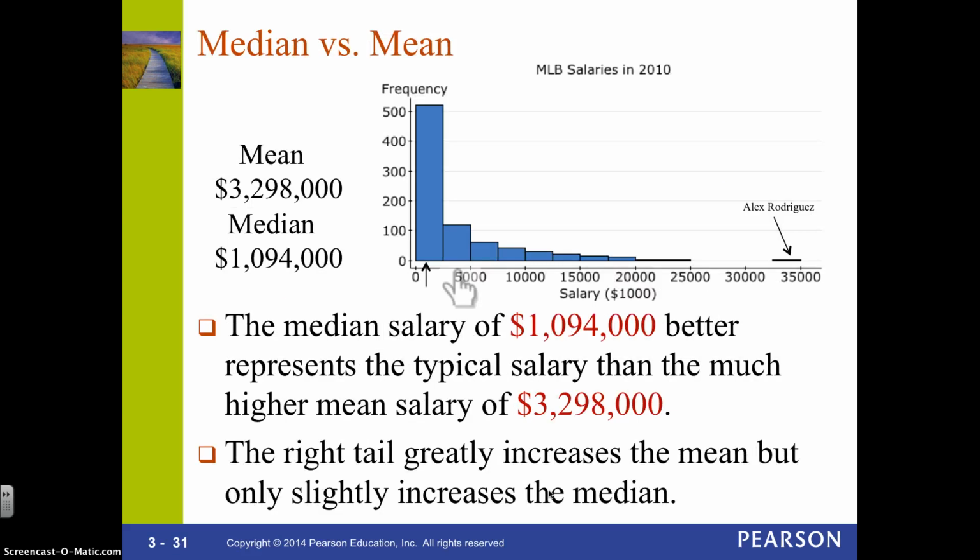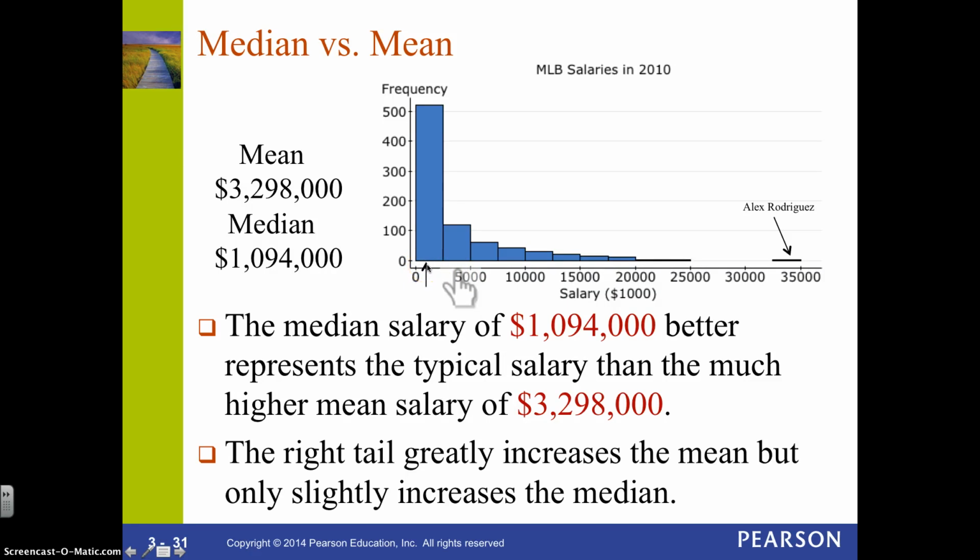Here's the distribution of Major League Baseball salaries in 2010. The mean is a little bit over 3 million. These salaries are in thousands of dollars, so we're here for the mean. But the median is more where the bulk of the data is. It's only a little bit above 1 million.